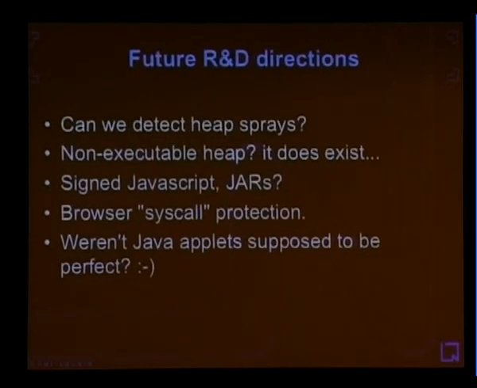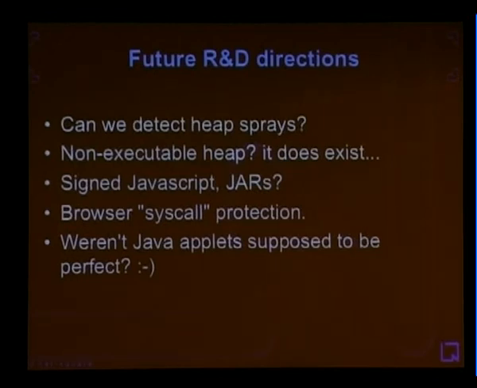Some future R&D directions. I've thought about this a lot, and maybe you can comment as well. Is it possible to detect heap sprays in a process? Can we detect if the heap is being sprayed?